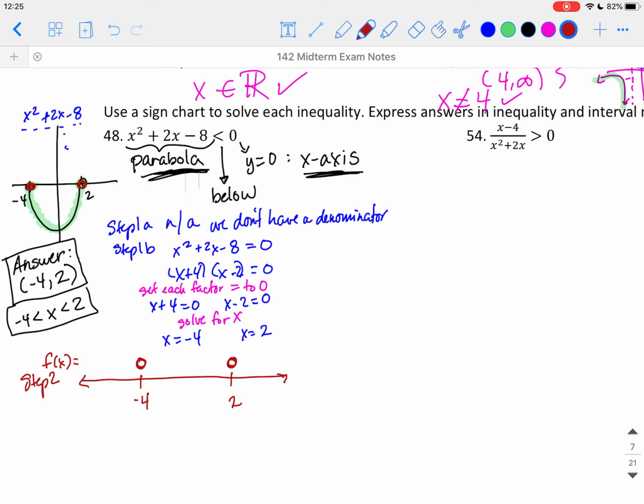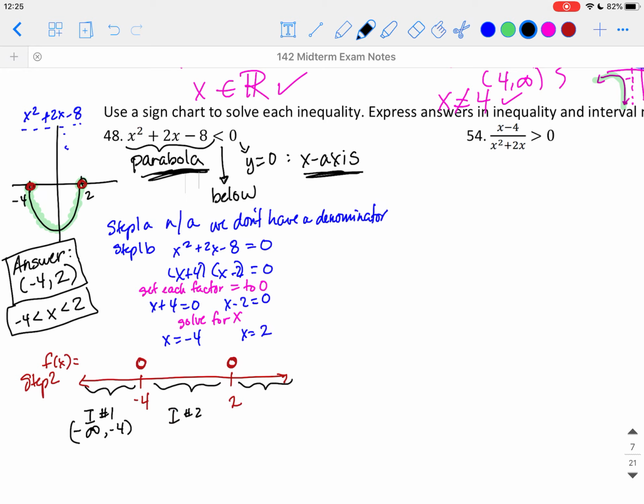So that's step 2. Step 3 says select a test number in each open interval. So you need to realize that we have 1, 2, 3 open intervals. So interval number 1 goes from -infinity to -4.